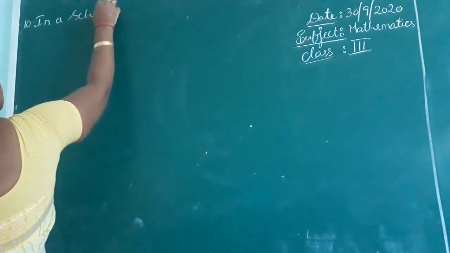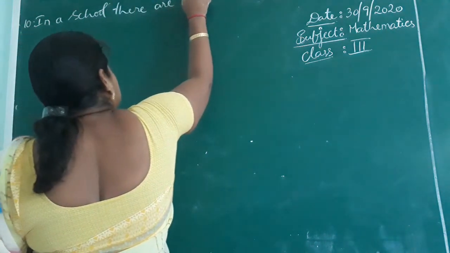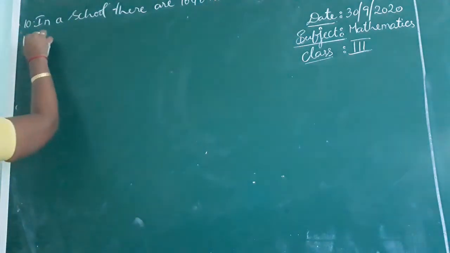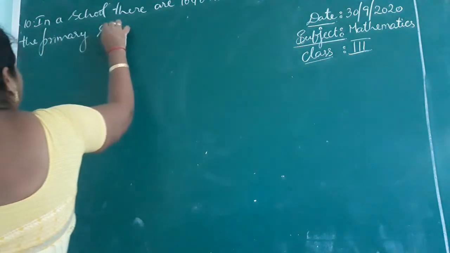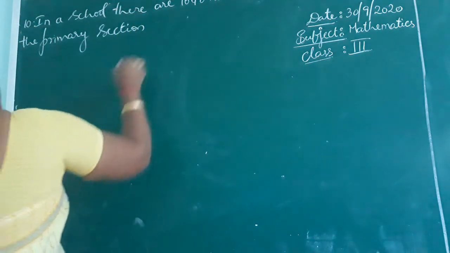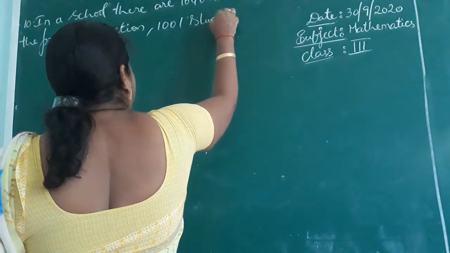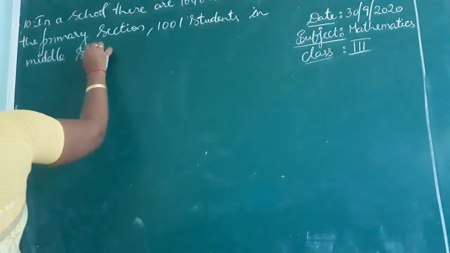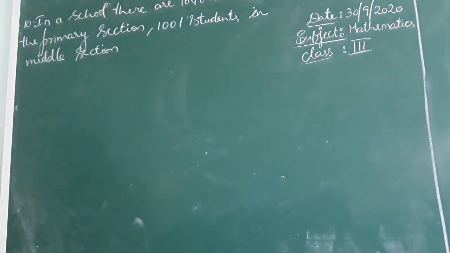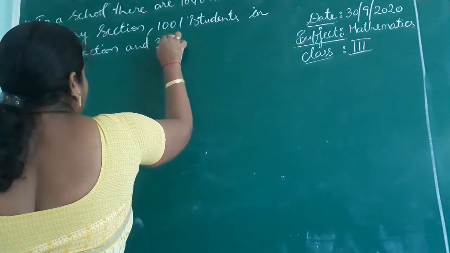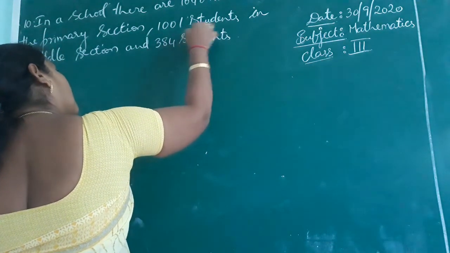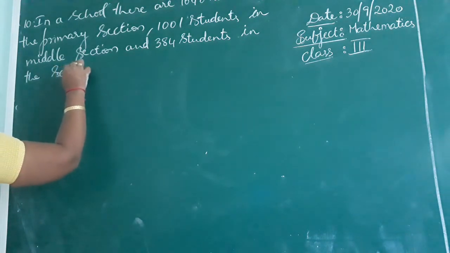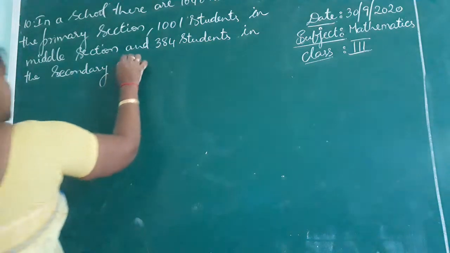In a school, there are 1640 students in the primary section, next 1001 students in the middle section, and 384 students in the secondary section.